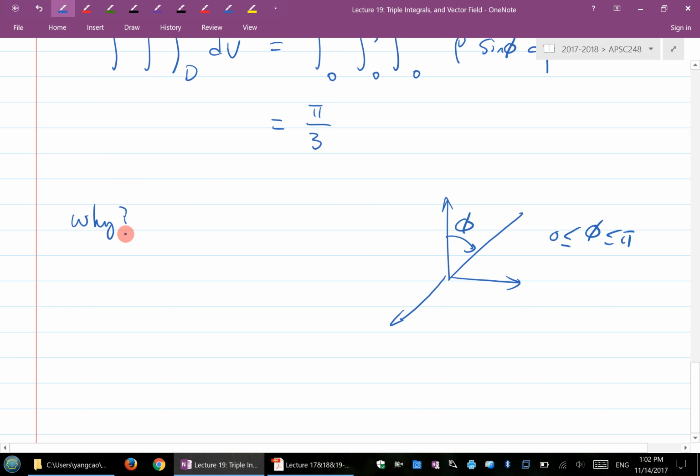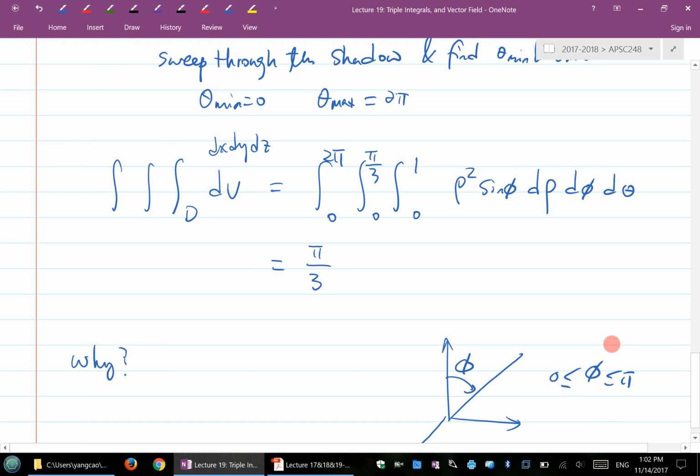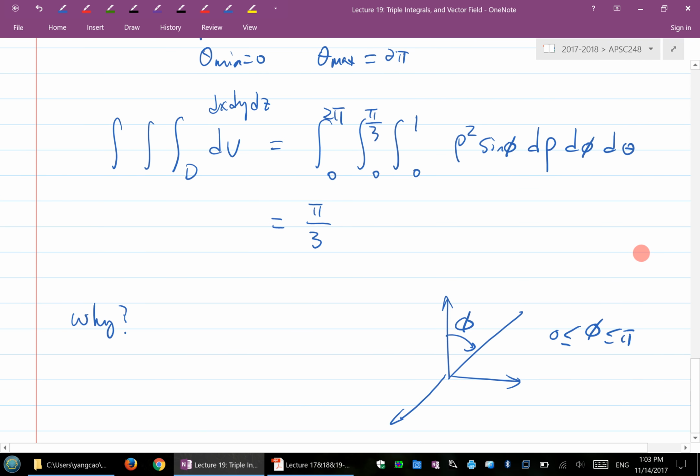Why does it have to be limited between 0 and pi according to this whole definition? Here's a simple answer. I want you to think in terms of the scanning process we did.